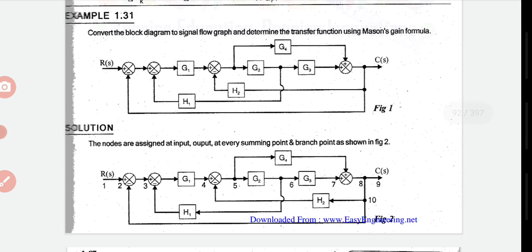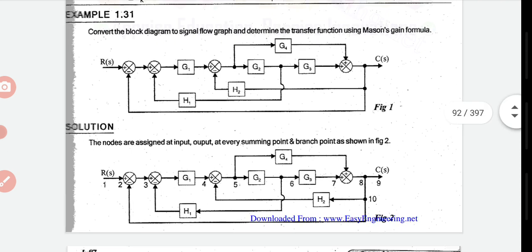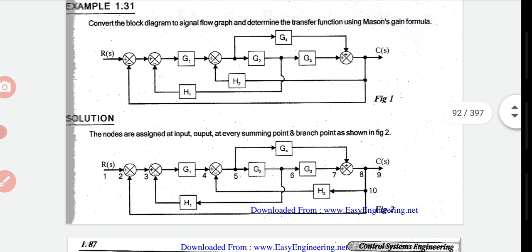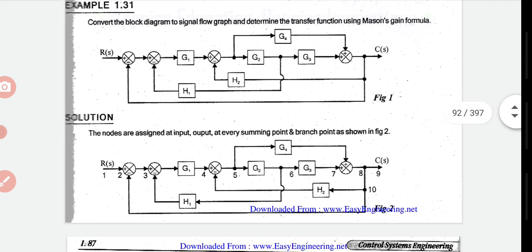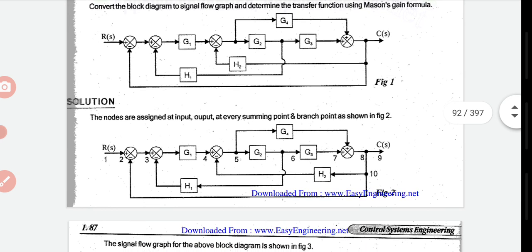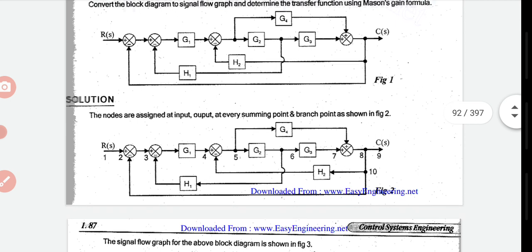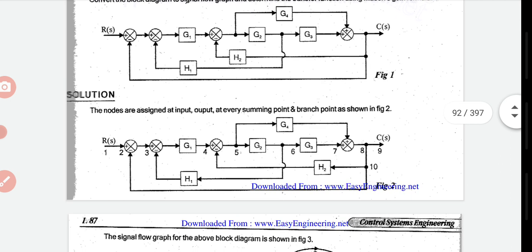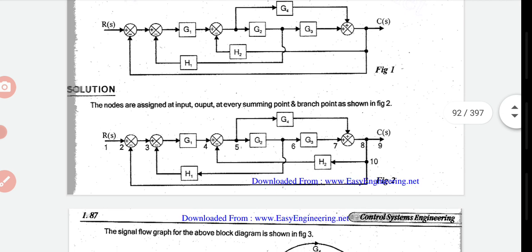The next node is at the summing point, and after that you have the branch point before the output, so represent that also as a node. Finally you have the output C(S), so represent it as another node. And one more branch point: at H2 you have one more branch point, so represent that also as one node.